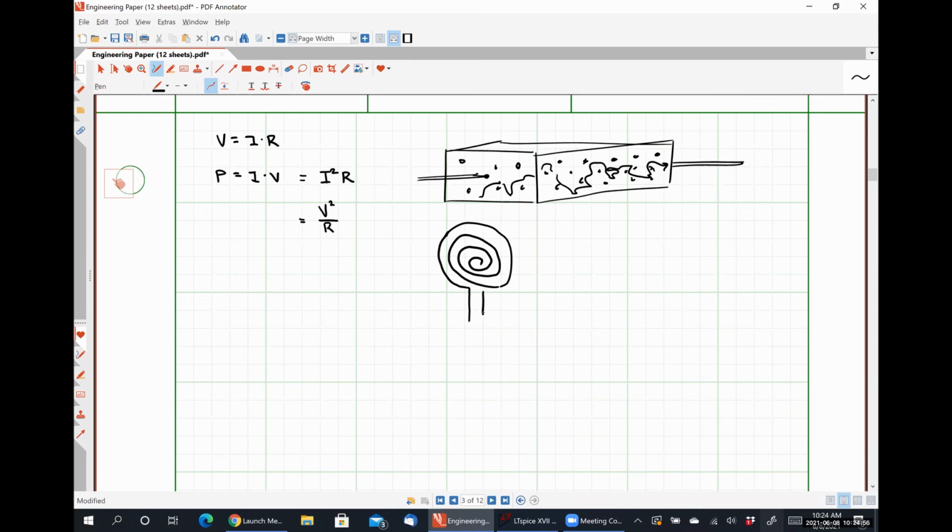So the heating element on your stove might look something like this. And I'm trying to figure out how to draw that it's coming out of the other end. Anybody know why they have this coil-based shape?